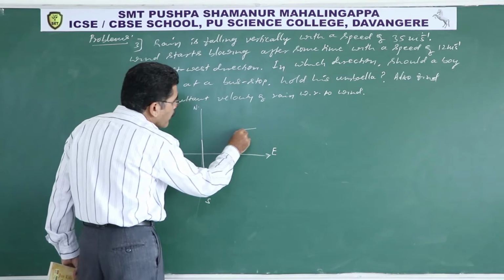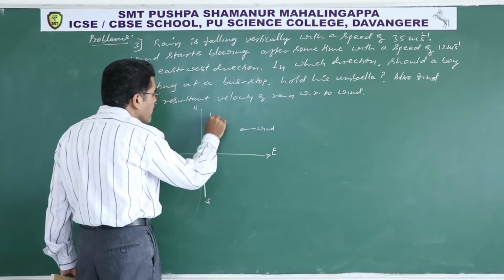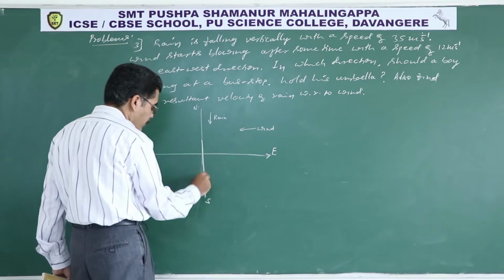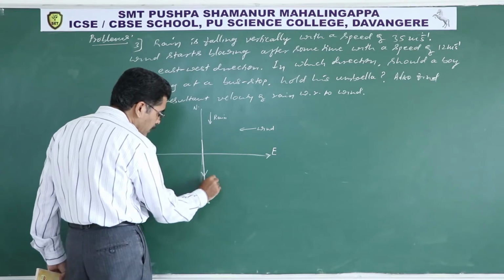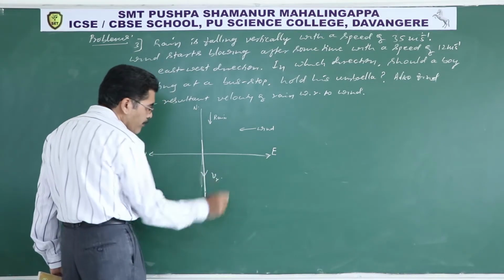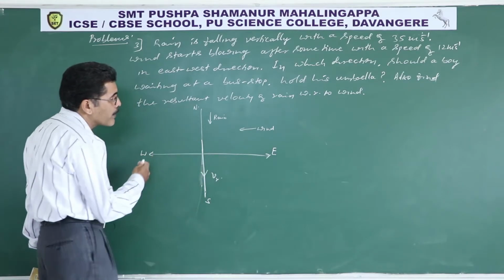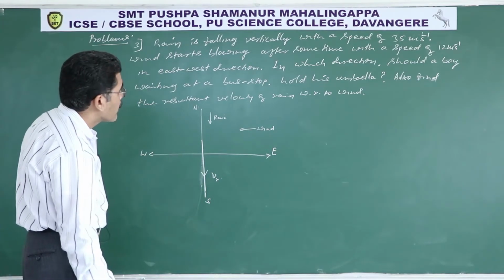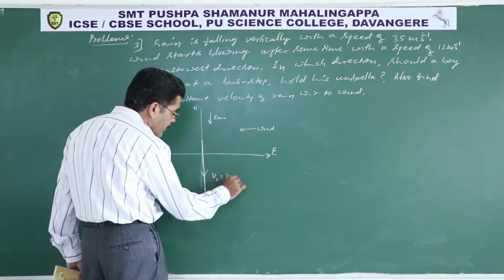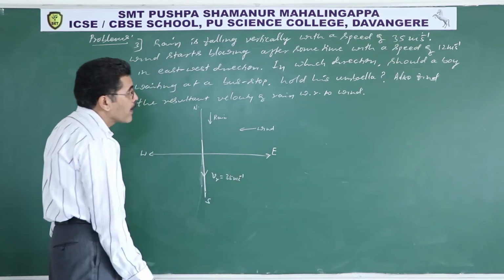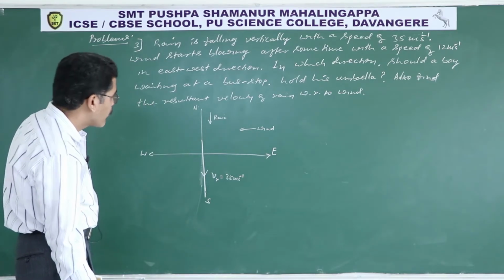See here, wind is blowing and rain is coming down. This indicates the velocity of the rain, which I take as VR, 35 meter per second. The wind is blowing from east to west with a speed of 12 meter per second.